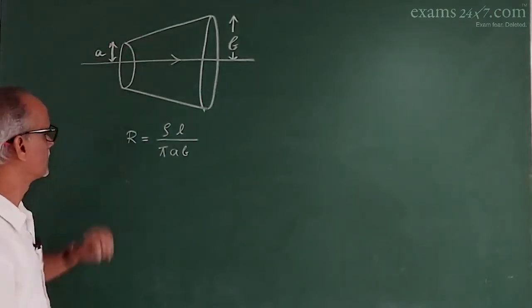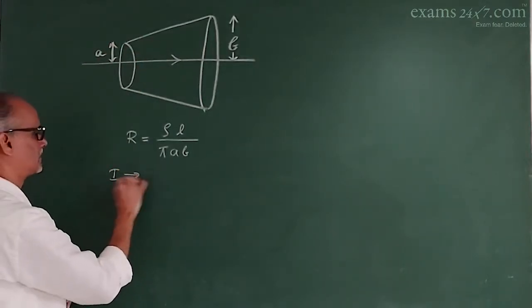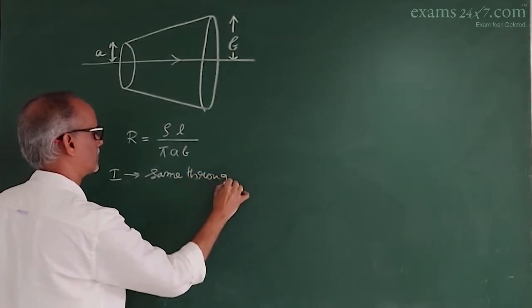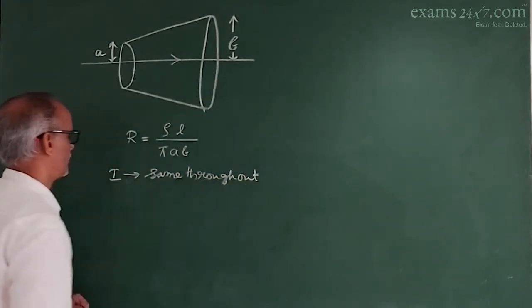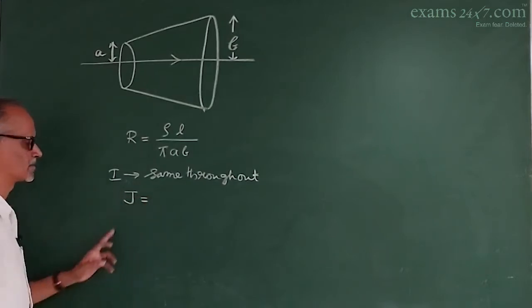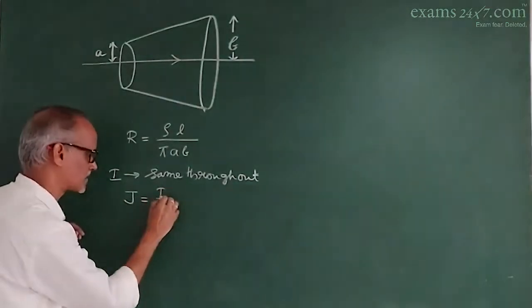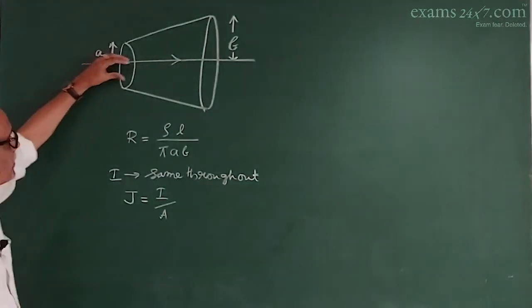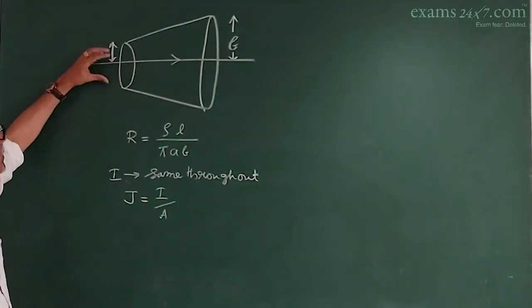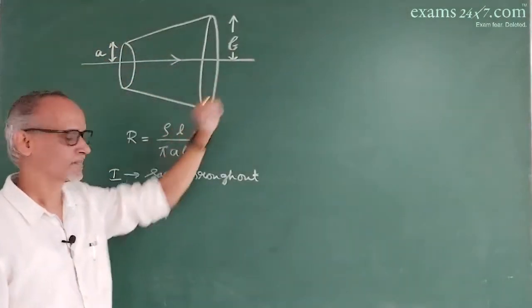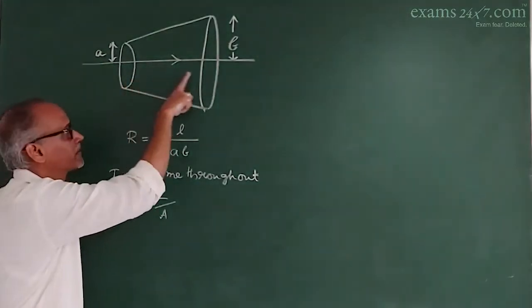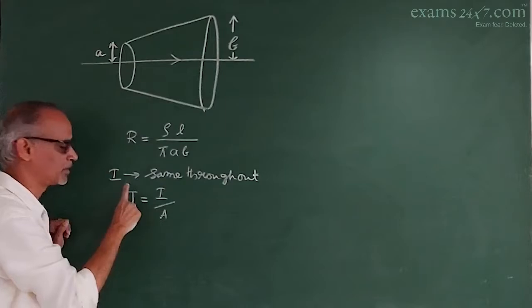Now in this material, I is the same throughout, whereas the current density J is equal to I by A, correct? As the current flows from the lower area end to the higher area end, A continuously increases, and as A increases, J decreases.